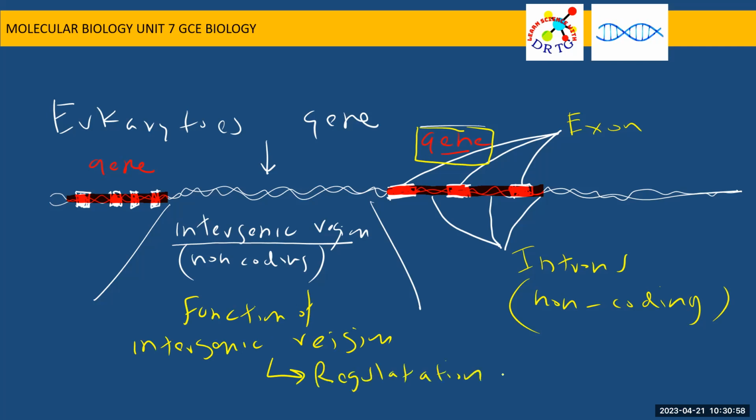They regulate gene expression. Then why are exons and introns in the genes? What is the function of introns then? And how does this operate?